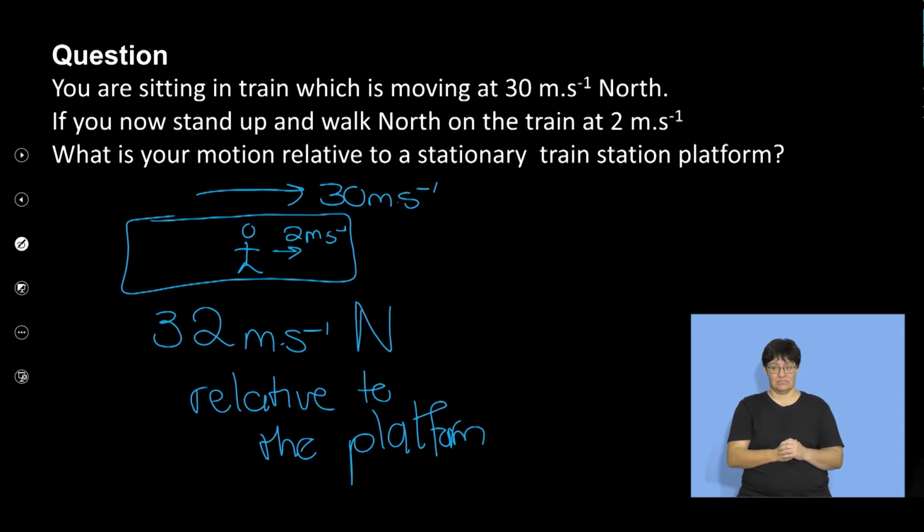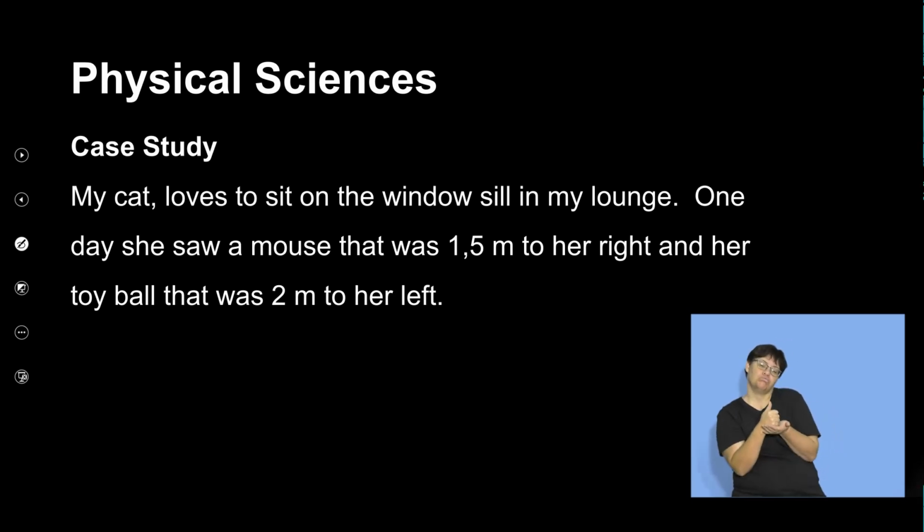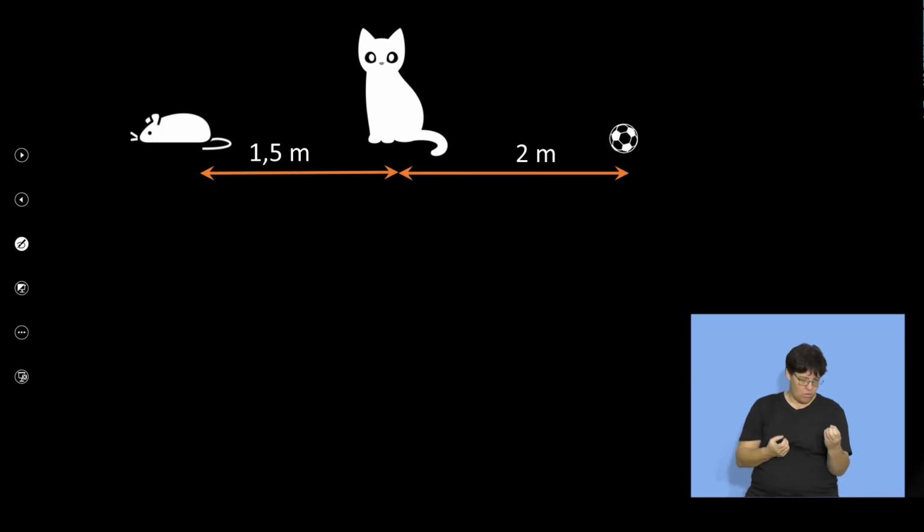Platform. There we go. All right, so my cat loves to sit on the windowsill in my lounge. One day she saw a mouse that was 1.5 meters to her right and a toy ball that was 2 meters to her left. So this is the situation. There's my cat, there's the mouse, there's the ball, okay? If I now want to describe her, she's my reference point.